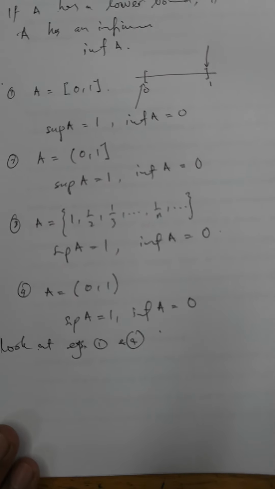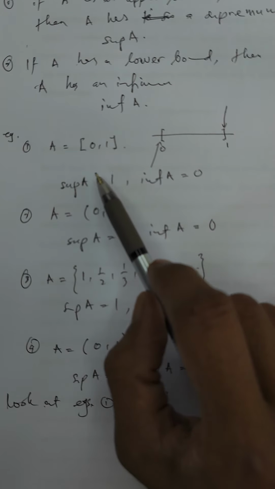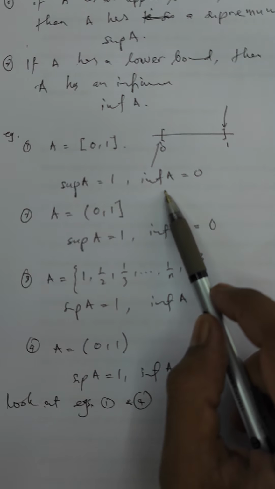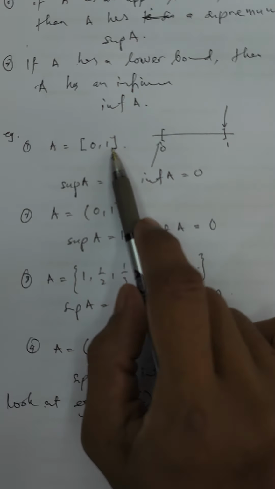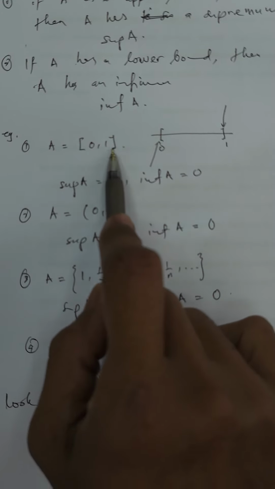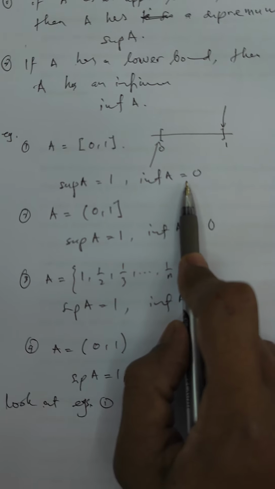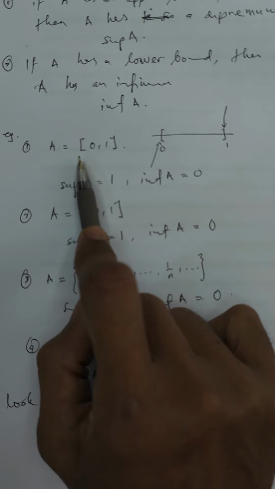If you look at example 1 here, you can see that the supremum as well as the infimum of A are both contained in the set A itself. The supremum of A, 1, is in the set, and the infimum of A, which is 0, is also a member of that set.